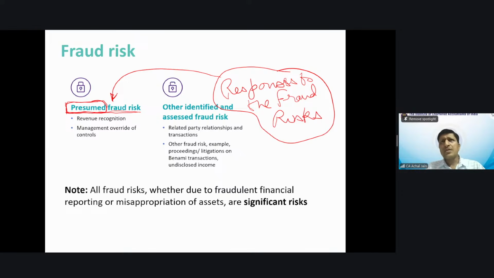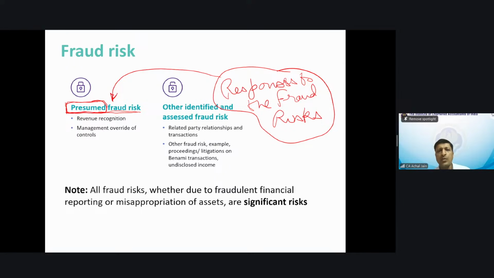Now we'll talk about this revenue recognition, management override as well. Particularly as regards this management override, it's one of the areas which becomes very challenging at times. And practically this is quite challenging. Now let's look at it from the perspective of the auditor. Auditor is auditing an entity which is effectively looked at by the management.